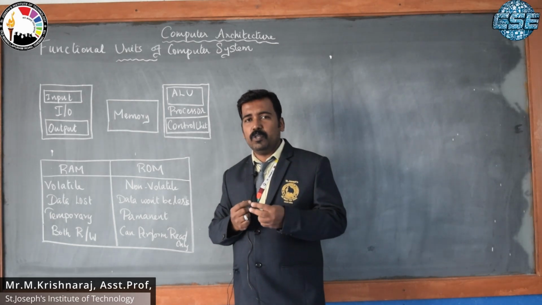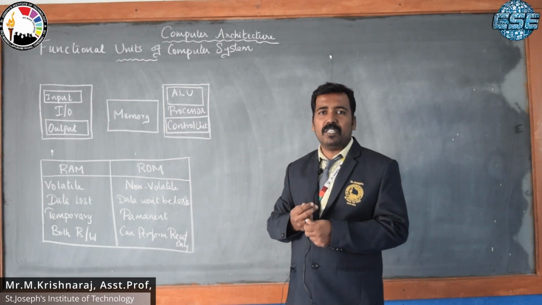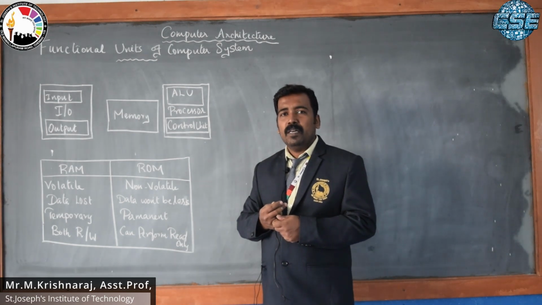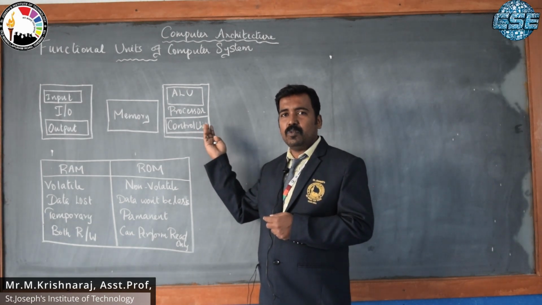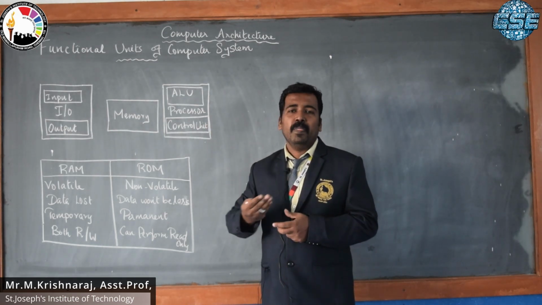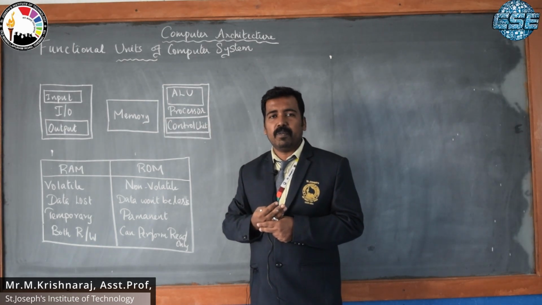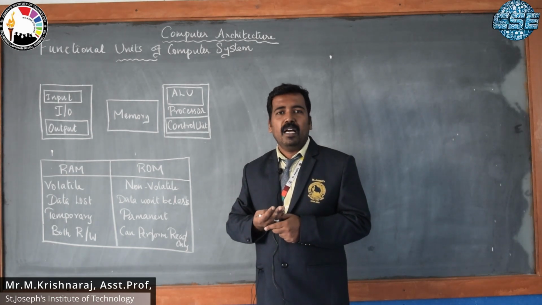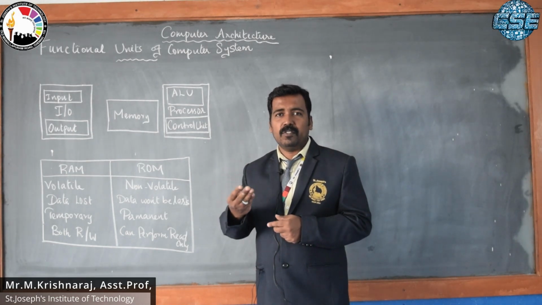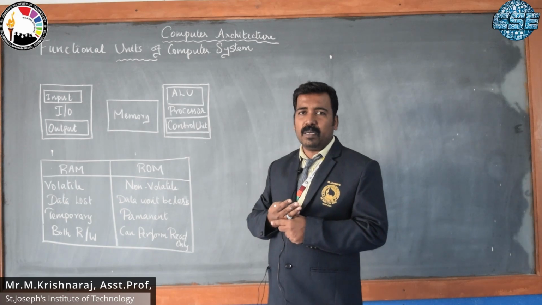For example, if the user is providing an input instruction to the computer, the control unit helps to recognize that this is the input instruction received from the user. So we need to carry this input to the memory and store it. Likewise it will control the computer.